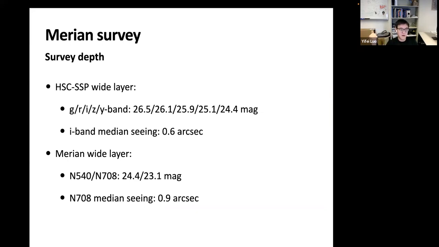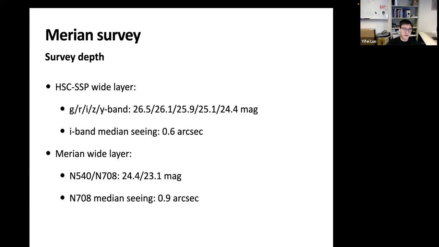Since we follow up the HSC field, we automatically get all the photometry from HSC, about 26, 25 magnitude in the optical, and HSC has fantastic seeing, a median of about 0.6 arcsecond. For Merian, because we are using the Blanco and the medium band is a little shallower, it's about 24 to 23rd magnitude with slightly larger seeing. So this is just an overview of the survey.